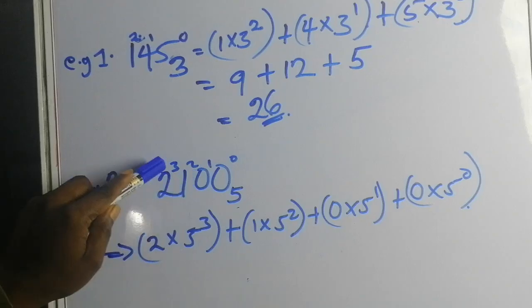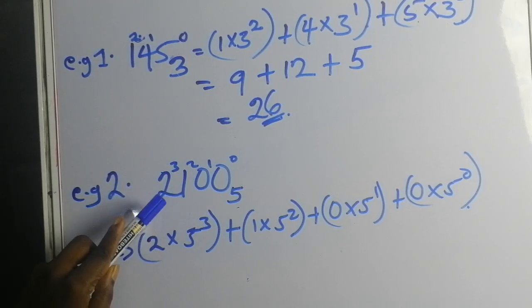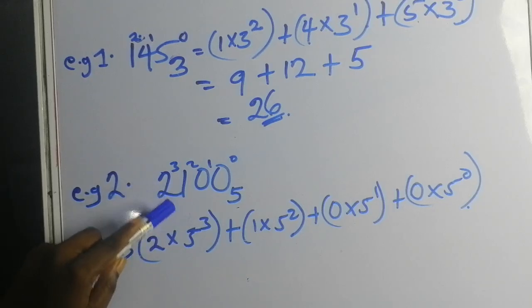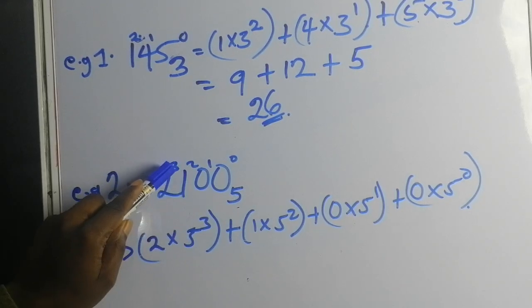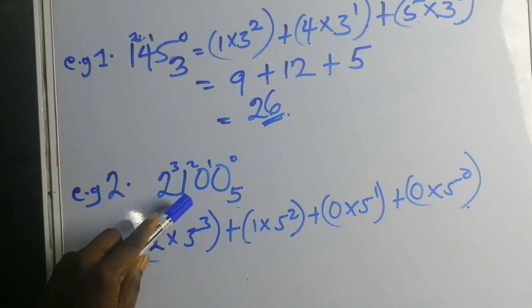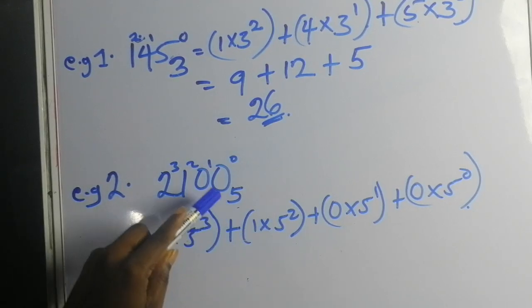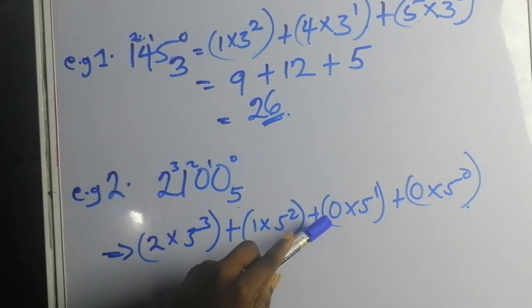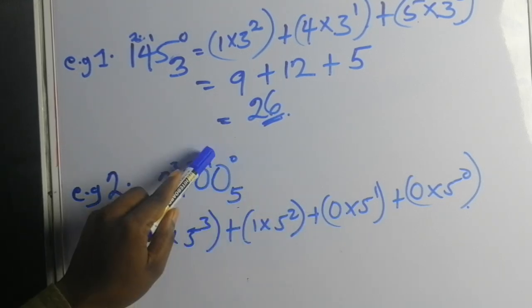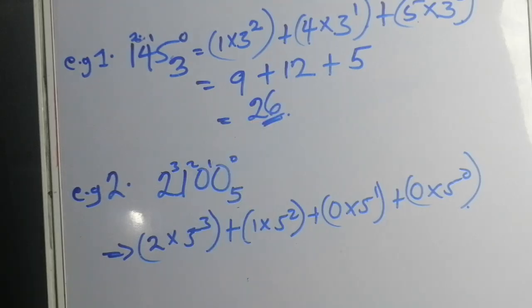Then you have 1 times 5 raised to power 2. Then 0 times 5 raised to power 1. Then 0 times 5 raised to power 0.